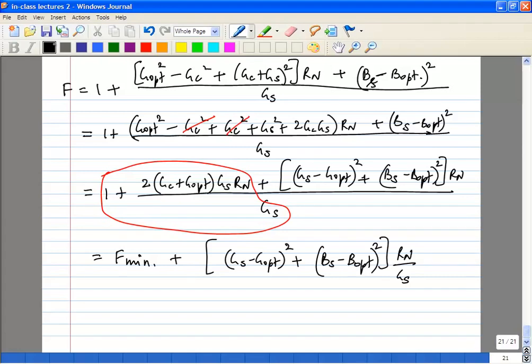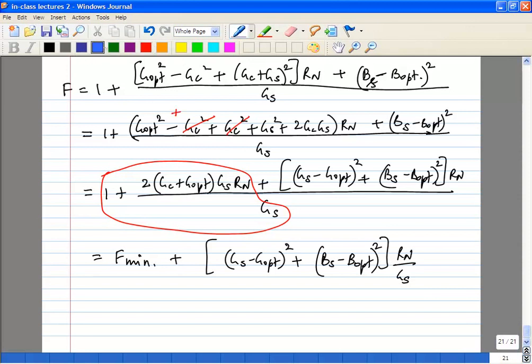Is that clear? You have a question? It's GC plus G opt. So you have a 2 GC GS here. Okay, so what we did was, let me put it in a different color.